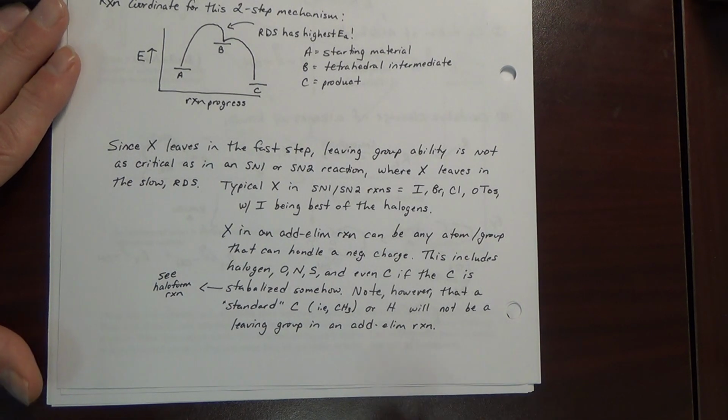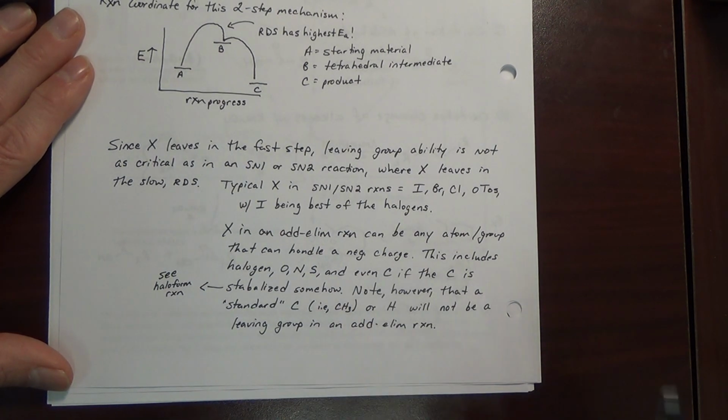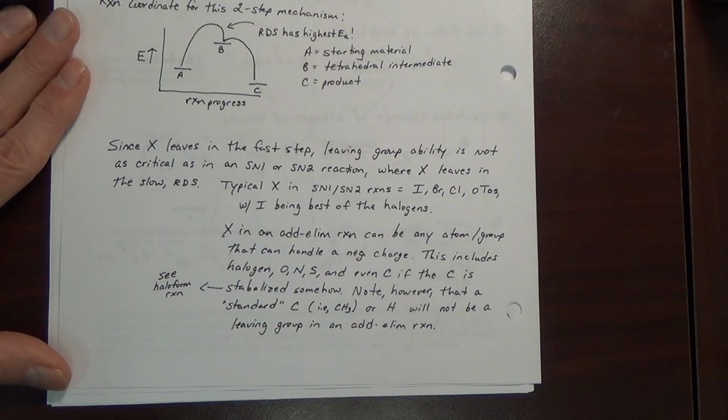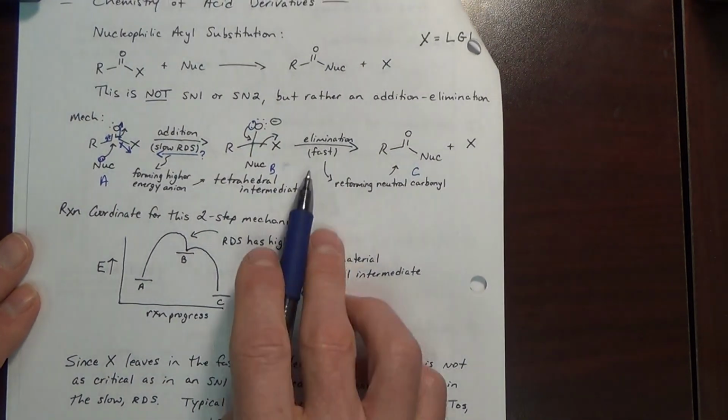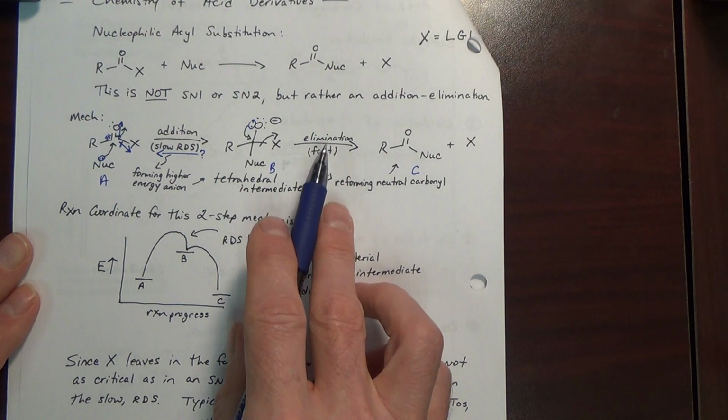All right, a standard carbon such as a methyl, ethyl, butyl, etc., or hydrogen will not be a leaving group in this mechanism. But many other groups will be, again, because the leaving group leaves in the fast and easy step.